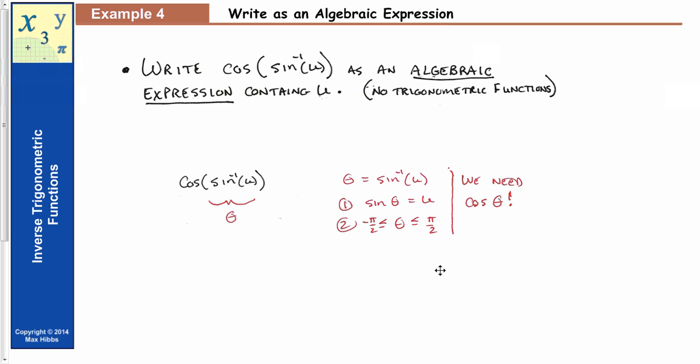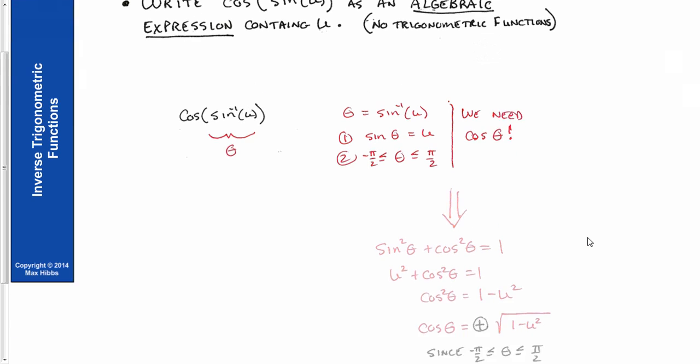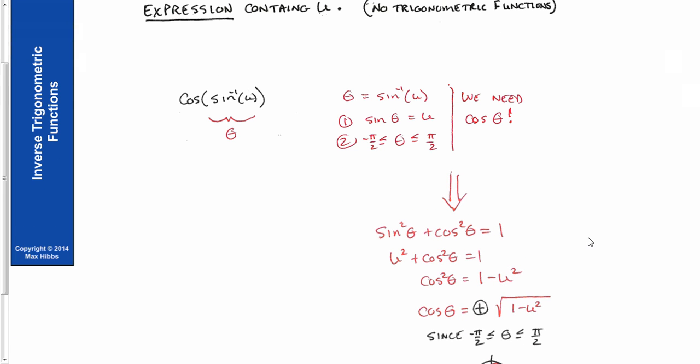Well, here's where we are, okay? I know the sine of theta is u. I need to relate the sine and the cosine of theta with an identity if I'm trying to find the cosine of theta and I know the sine of theta. And so that identity is the major Pythagorean identity, sine squared theta plus cosine squared theta is equal to 1.